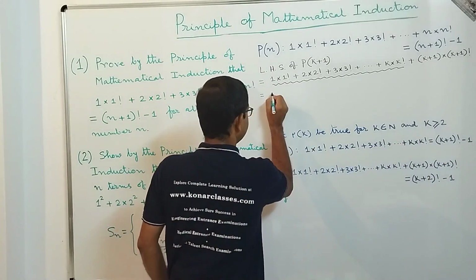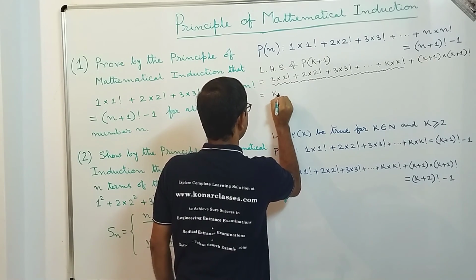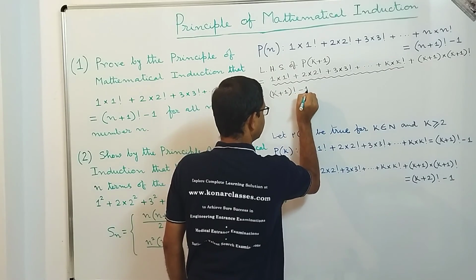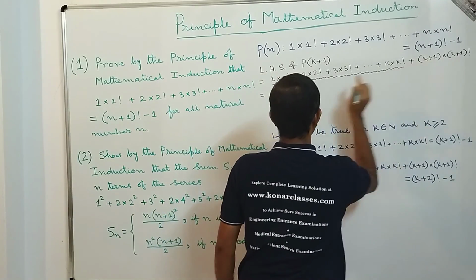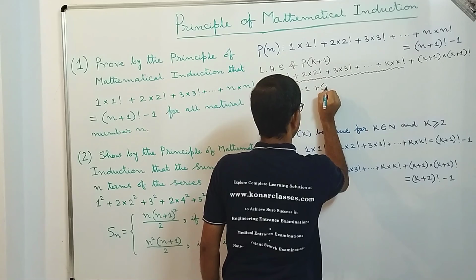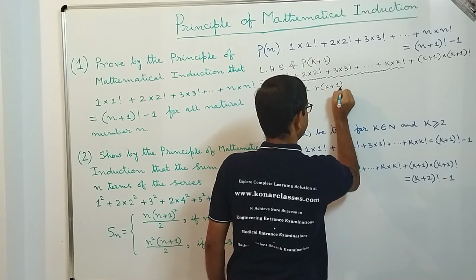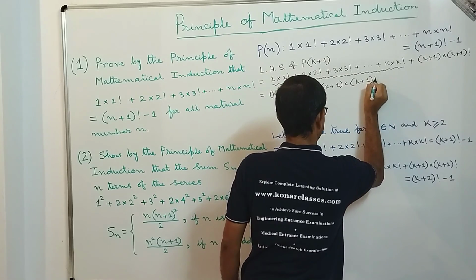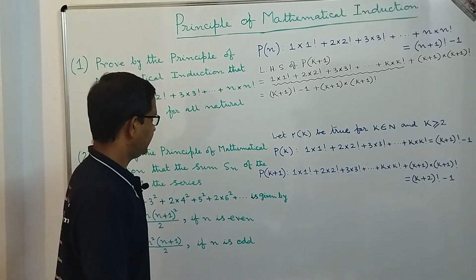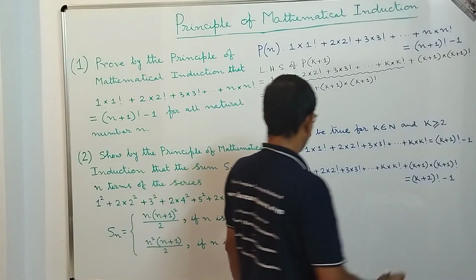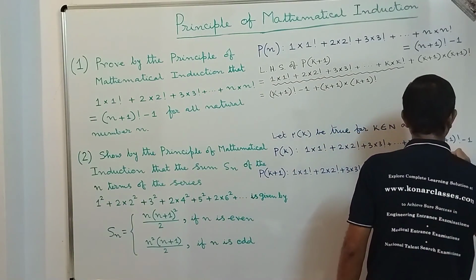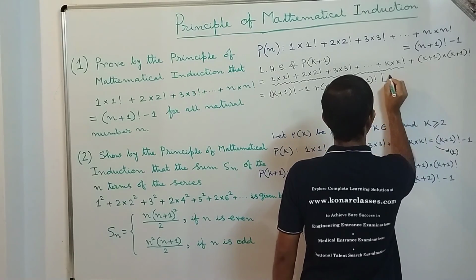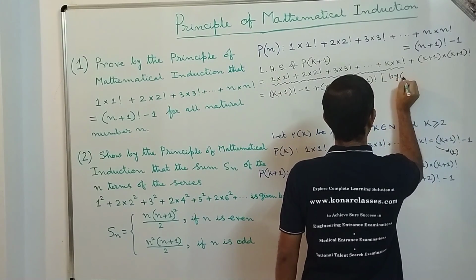So we can write (k+1) factorial minus 1 plus (k+1) into (k+1) factorial. Correct? We can give this identity the name identity 1, and here you can write in the bracket by 1.